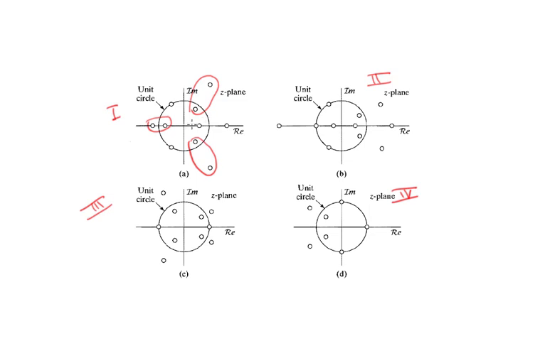If they are on real axis, they are reciprocal to each other. Whereas the zeros which are on unit circle, they do not have conjugate reciprocal pair. Similarly, here these are conjugate reciprocal pair. This is another conjugate reciprocal pair. This is the third one, and this is the conjugate reciprocal pair.